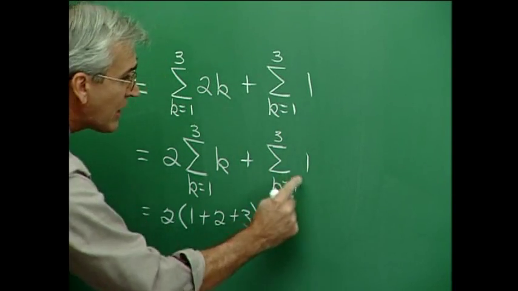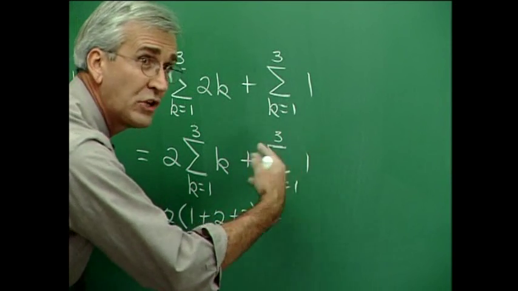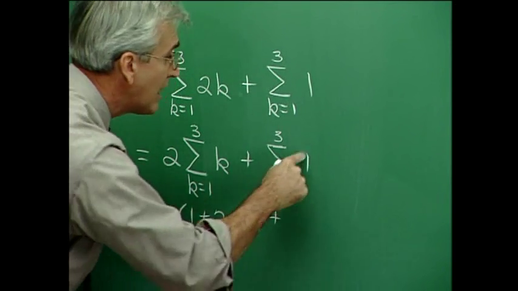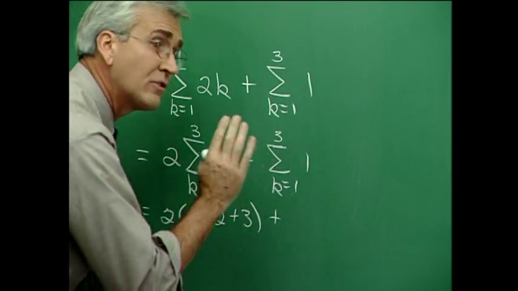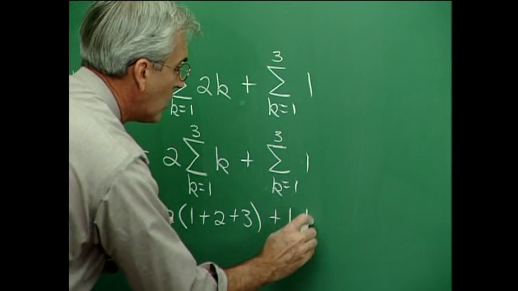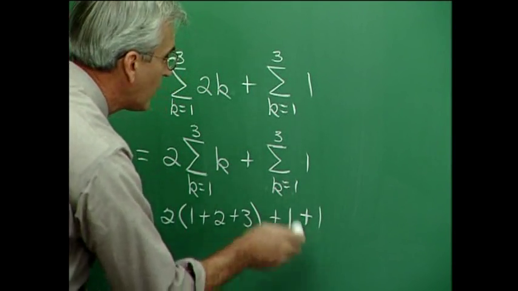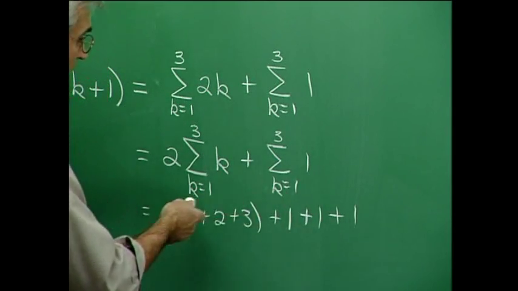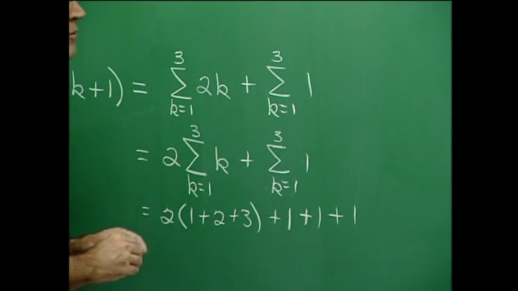You see, the expression has no k in it. It won't change value at all. As k changes value, the expression here won't change value because there's no k in it. So when k is 1, this expression is 1. When k is 2, the expression is 1. When k is 3, the expression is 1. Well, at any rate, adding here, we get the same result that we did before.